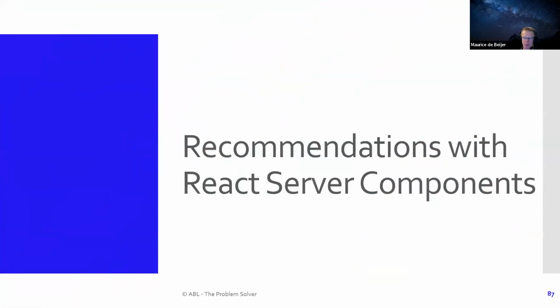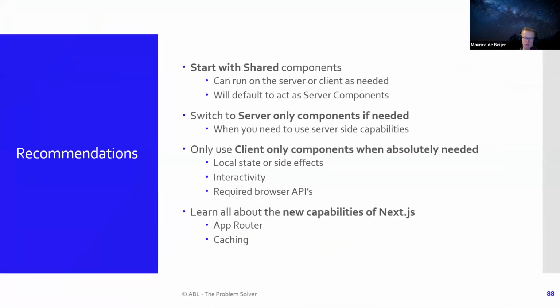So not going to demo that. Some general recommendations like create shared components, which basically mean they don't depend on server or client functionality and will run wherever they need to. Could be client, could be server. Use server where needed, which is typically faster.